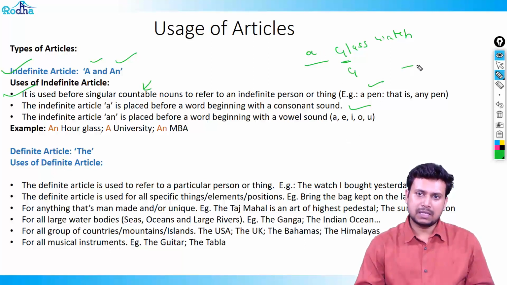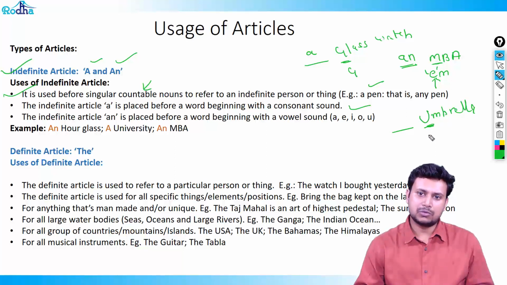But let's say something like dash MBA. Although M is a consonant, the sound is "em", so the focus is on the vowel sound E. Therefore, in this case, instead of a, the answer should be an MBA. Similarly, if a question like dash umbrella.